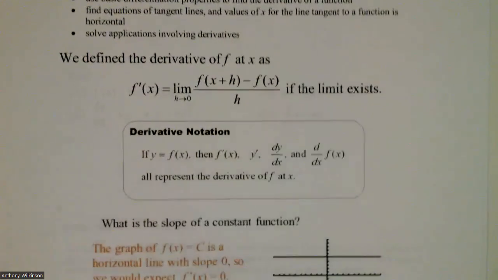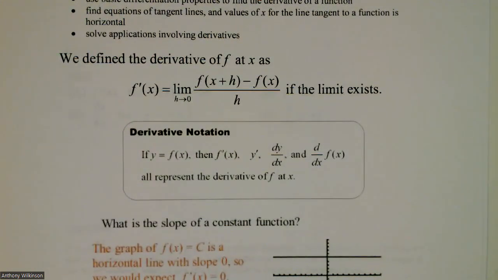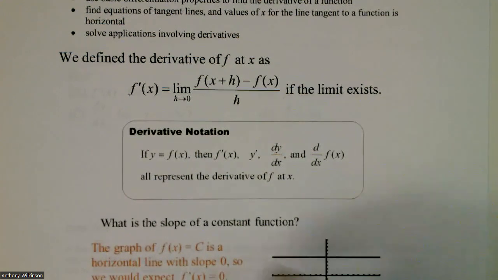These all represent the derivative of f at x. So be familiar with these 4 different notations: f prime of x, y prime, dy dx, and d of f of x with respect to x. Those are all representative of the derivative of f of x.